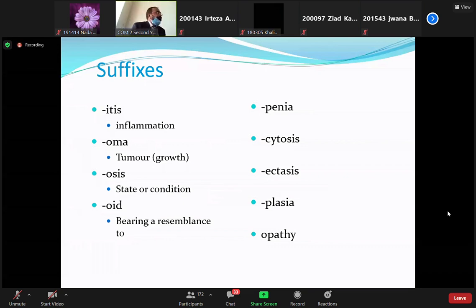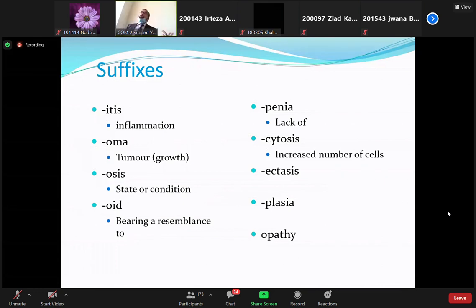Penia means decrease. Lymphopenia or leukopenia means the concentration of blood white cells decreases, called leukopenia, right? Leukopenia, lack of, decrease. Osis, on the other hand, means increase, like leukocytosis.